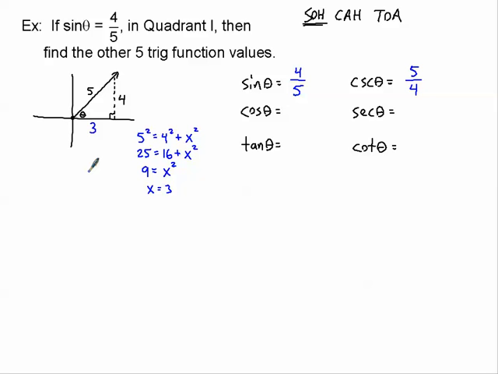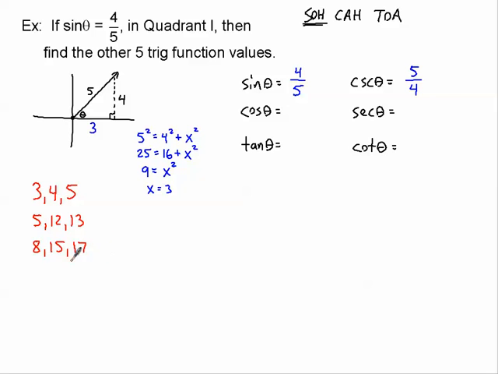And since we're here, hopefully you knew that that was one of the Pythagorean triples. 3, 4, 5 is one of the famous right triangles. One of my go-tos is right there, 3, 4, 5. The next one I like is 5, 12, 13. That's also a Pythagorean triple. 5 squared plus 12 squared does indeed equal 13 squared. 8, 15, 17 is another one that I like to use.